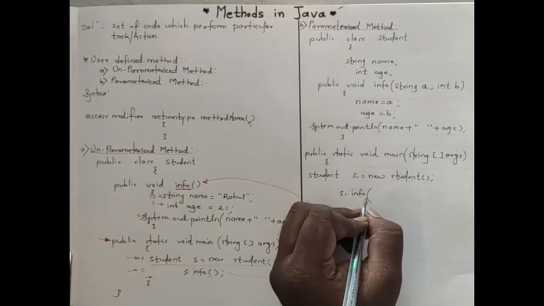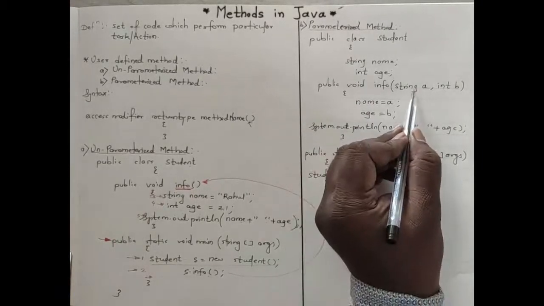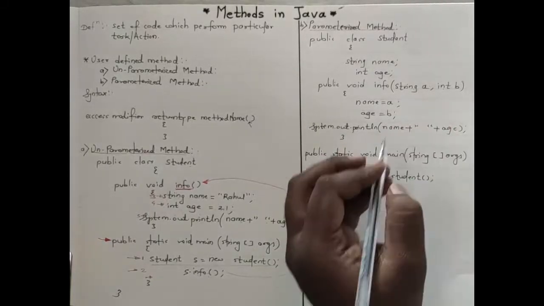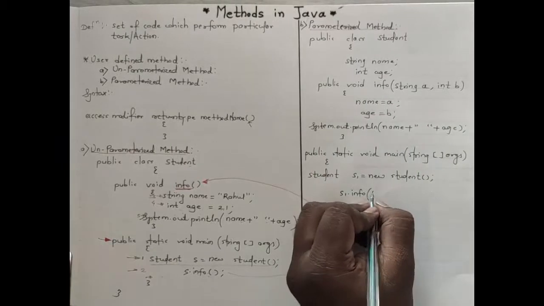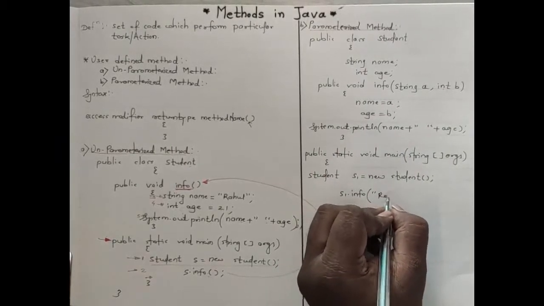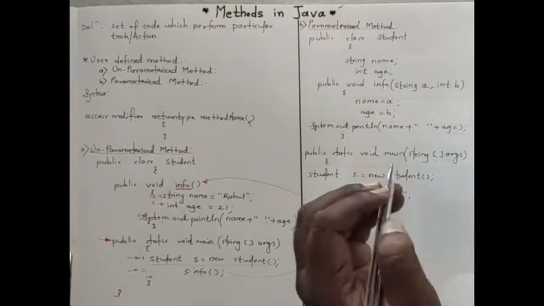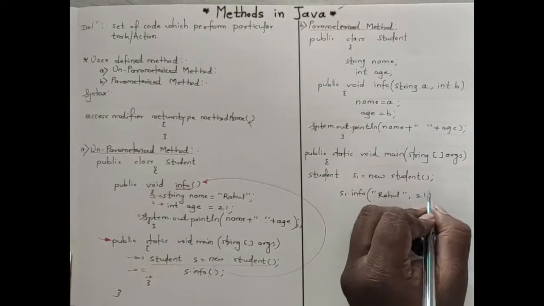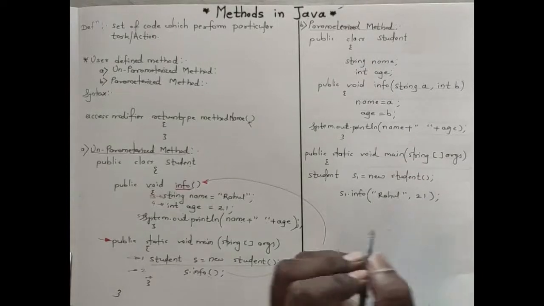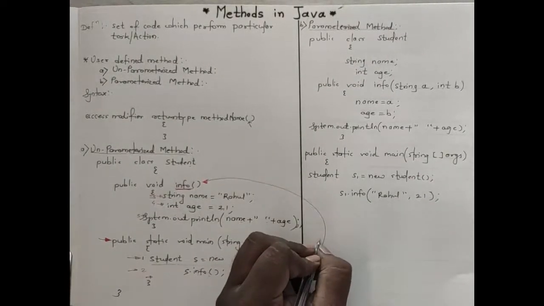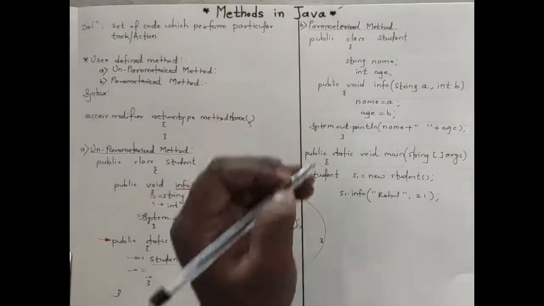And inside that we have to initialize the values for those two variables. The first value is a string type, Rahul, comma, and for int b, the age, 21 semicolon. And here I am closing the method body and closing the class.